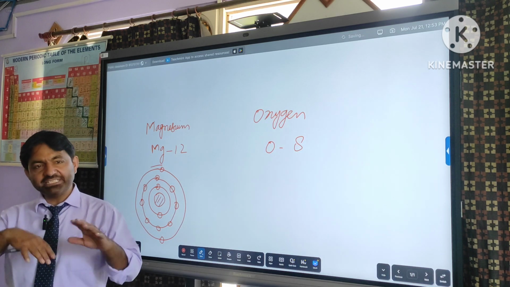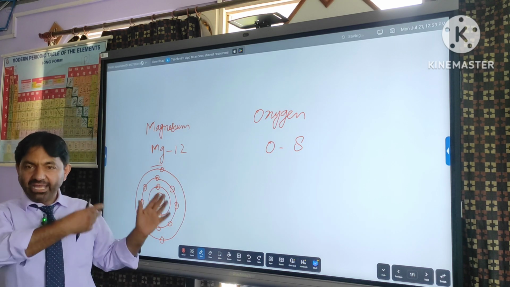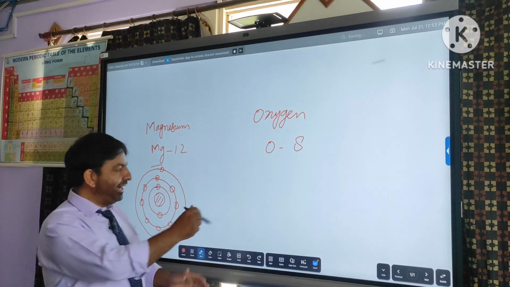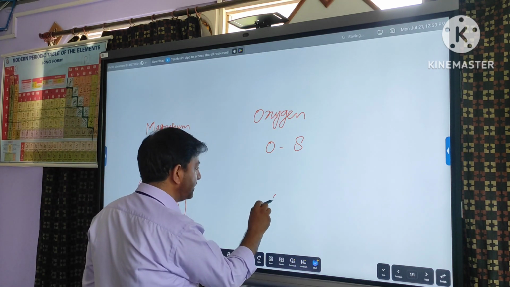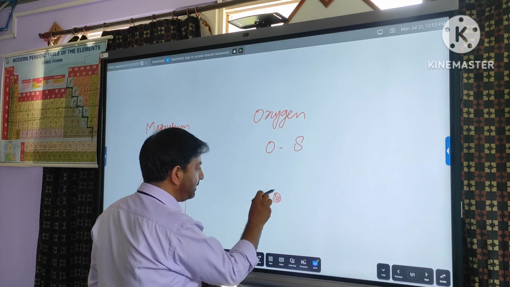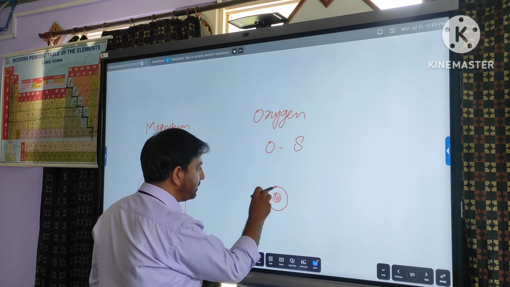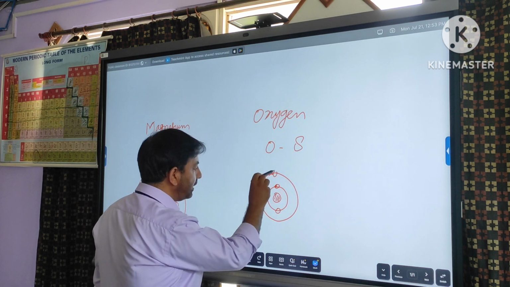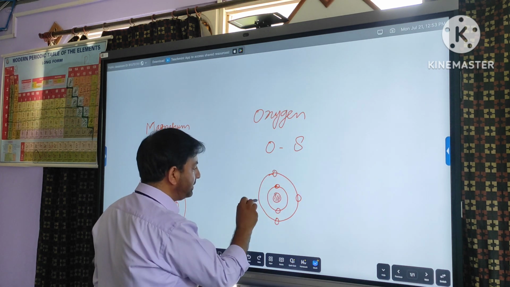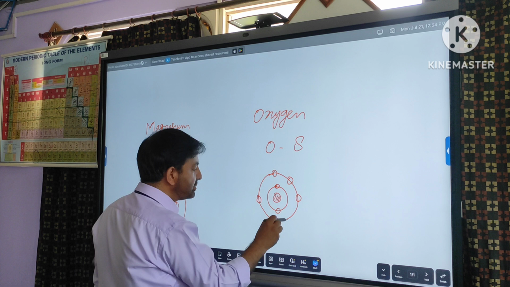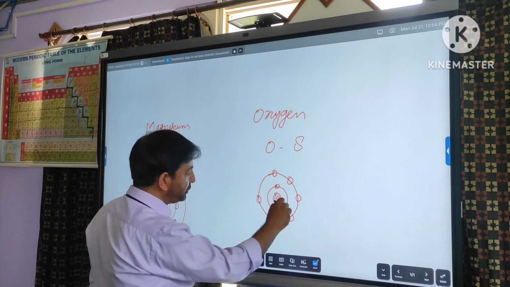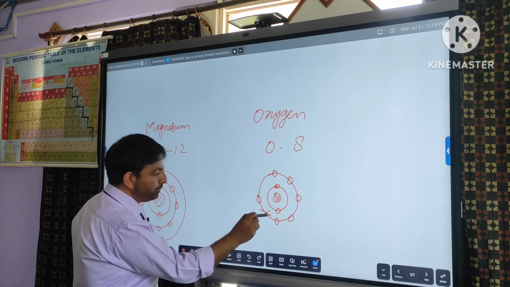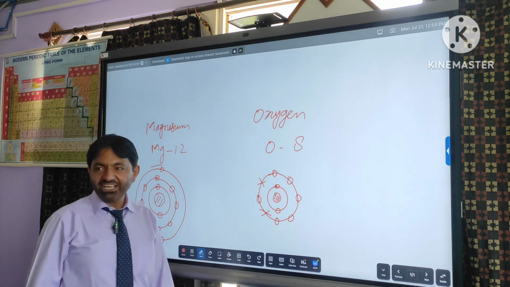So these 2 electrons can be transferred because this is a metal. Now I will draw the oxygen structure. This is oxygen, the center nucleus of oxygen. 2 electrons here, 6 electrons here, 1 2 3 4 5 6, but 2 places are free for extra electrons.